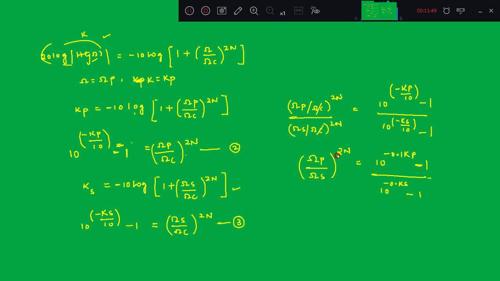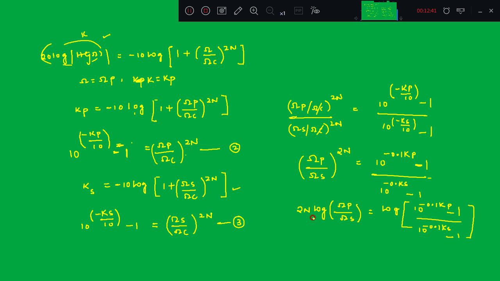Now, what you have to do next is take the log on both sides, because we have to separate this n term from the power. After taking the logarithm, using the property, you will get 2n log of (ωp/ωs) equal to log of (10 raised to minus 0.1 kp, minus 1) divided by (10 raised to minus 0.1 ks, minus 1).